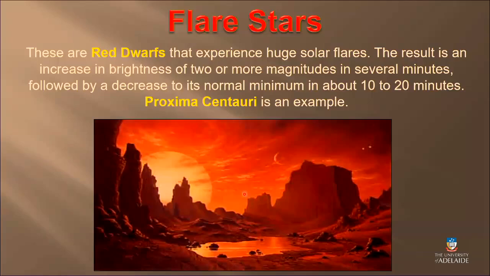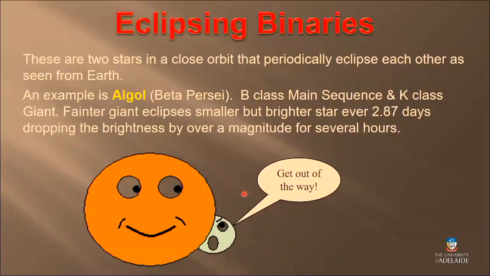And a lot of red dwarfs appear to be flare stars, and this could be a problem for finding habitable planets around these stars because you wouldn't want your star to suddenly increase in magnitude by 2 or more magnitudes over several minutes. It would be rather unpleasant.